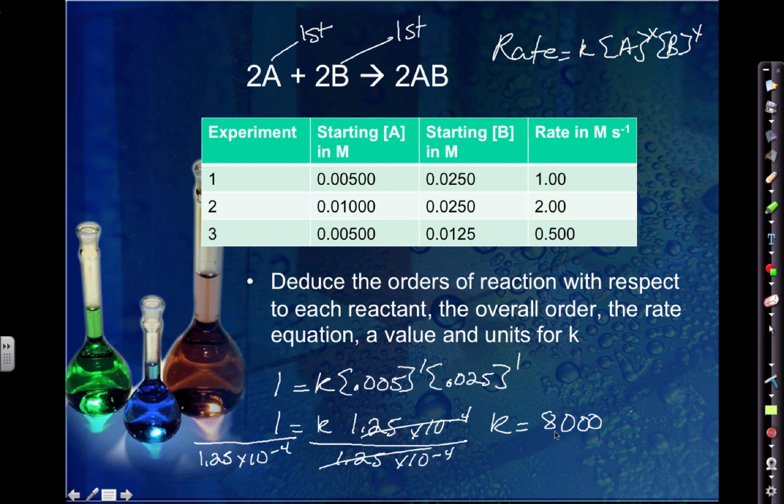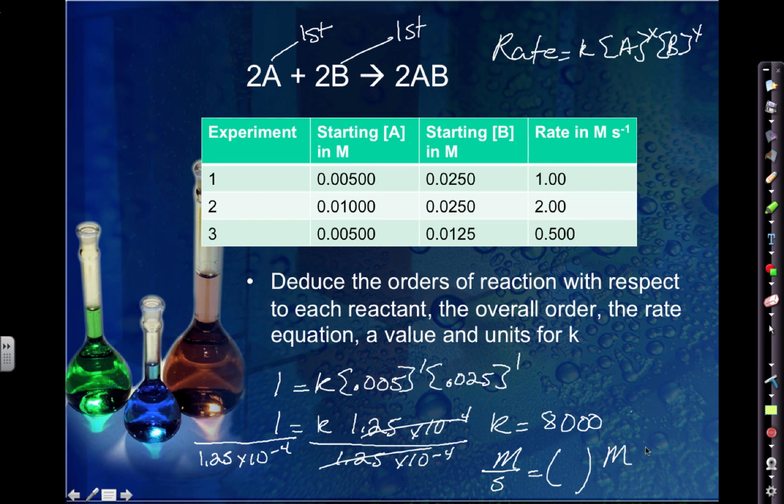All right, so now I have K, now I need my units. So again, you could go through and just memorize the units, or you can reason your way through it. So let me reason my way through this. Okay, my rate is measured in moles per liter per second. And I don't know what the units of K are, but I do know my molarity is measured in moles per liter to the first power.